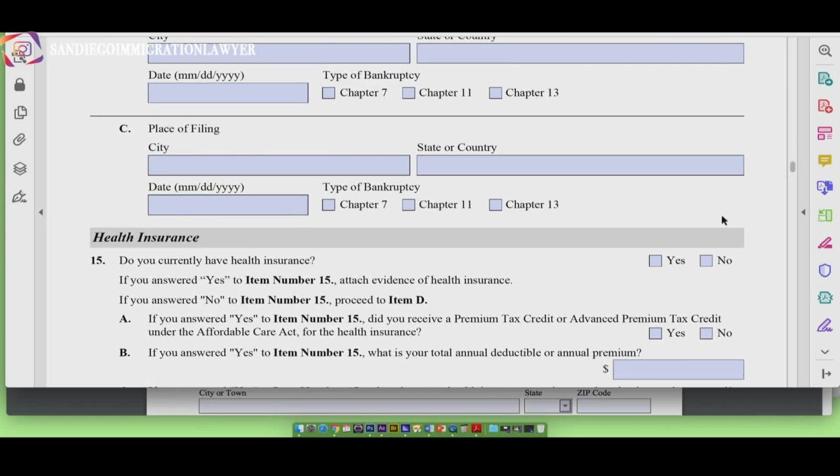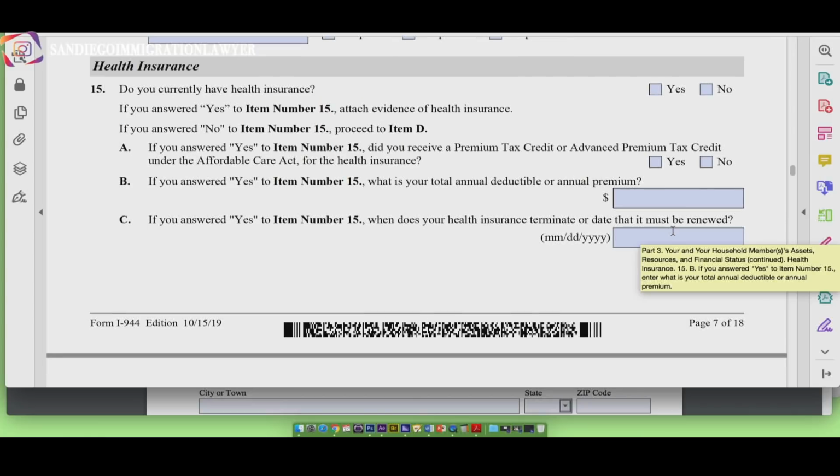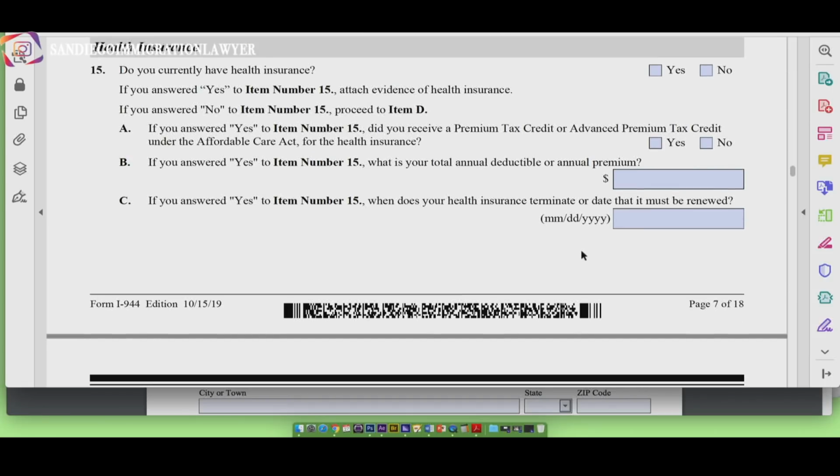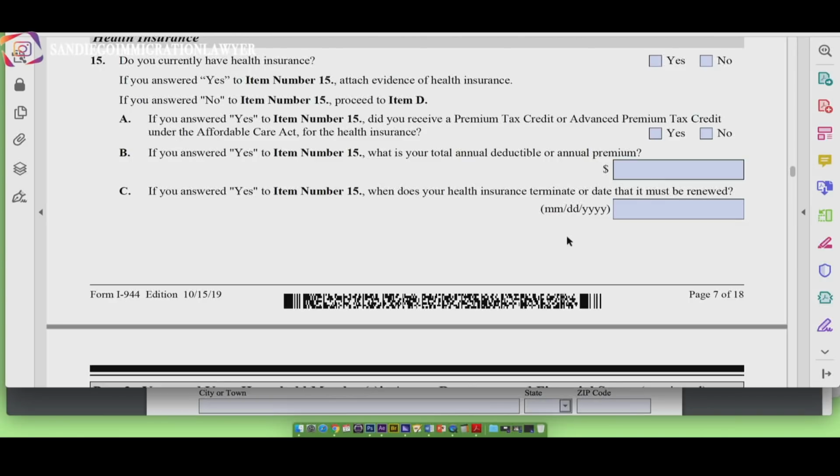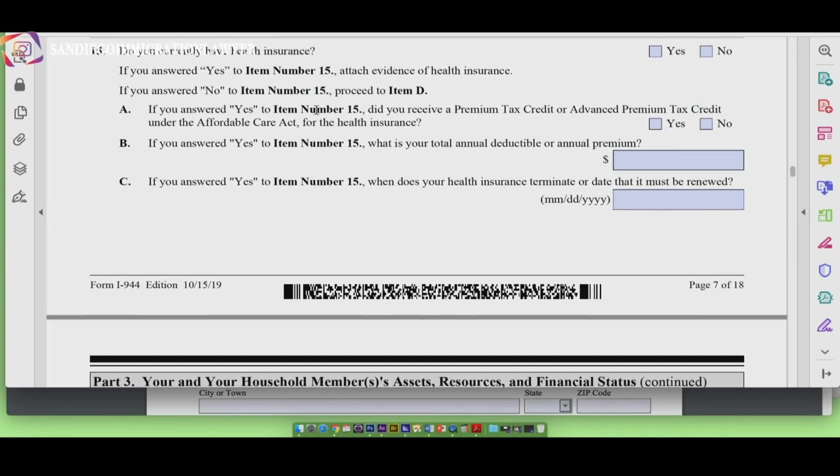Finally, it comes to the health insurance. Do you currently have health insurance? And if you have health insurance, great. You are going to have to provide evidence of having your health insurance. And if you do have health insurance, they want to know if you receive a premium tax credit or advanced premium tax credit under the Affordable Care Act for health insurance.